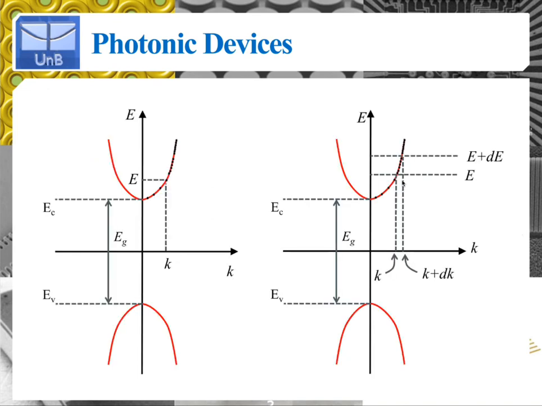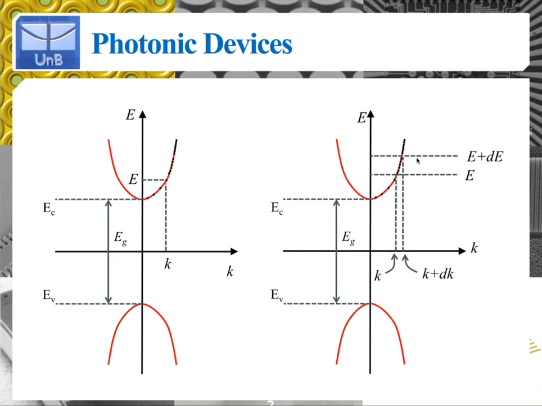Going back to the picture, rho of E at this point would be the total number of states between this energy value and E plus dE, so the states within this region, as dE became infinitesimally small. So this is a differential energy.